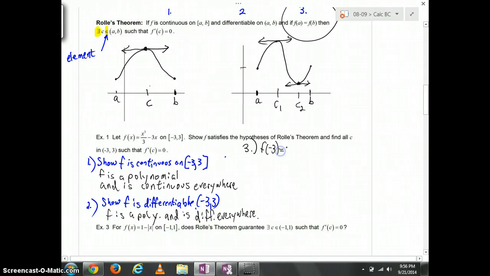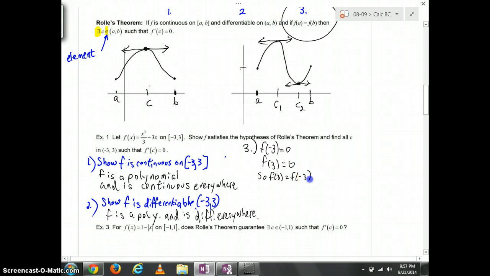So this f of negative 3 is equal to 0. If you substitute in f of 3, you would quickly find that 3 cubed is 27. 27 over 3 is 9. 3 times 3 is 9. This would also be 0. So I can say f of 3 equals f of negative 3.